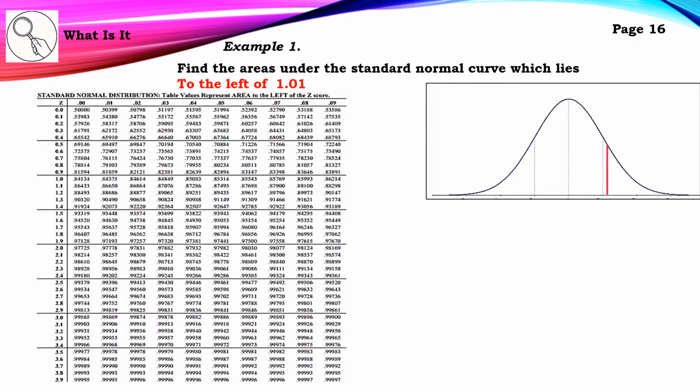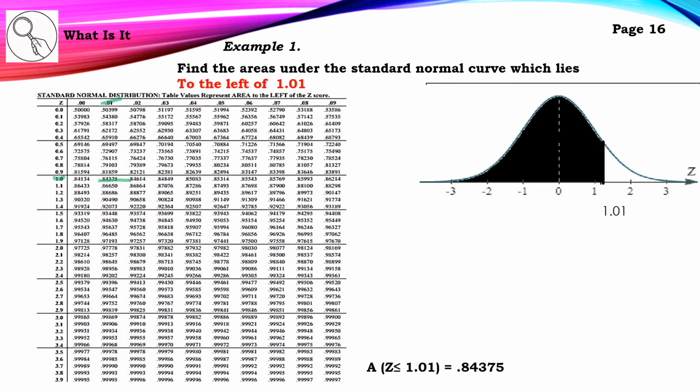Assuming that it is located on this part. Second is to locate 1.01 in the table. So 1.0 and 1, their intersection is 0.84375. Do you have the same answer as me? Okay, very good. So this is now the area to the left of 1.01.